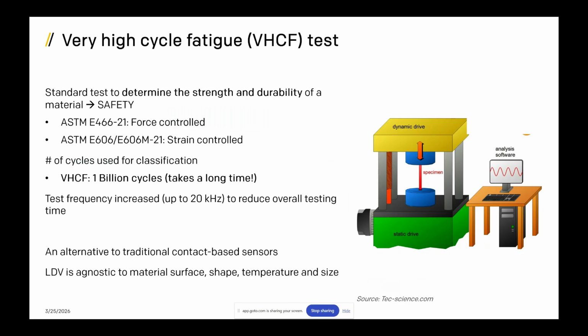That also will cause problems and make the test not possible to do with the strain gauge. It's also possible that because so many cycles are required, in order to do the testing in any reasonable amount of time, very high frequencies are required. Those frequencies might also not be compatible with the strain gauge that would be used. So in all of those cases, having a laser system that can simulate a strain gauge could be beneficial.